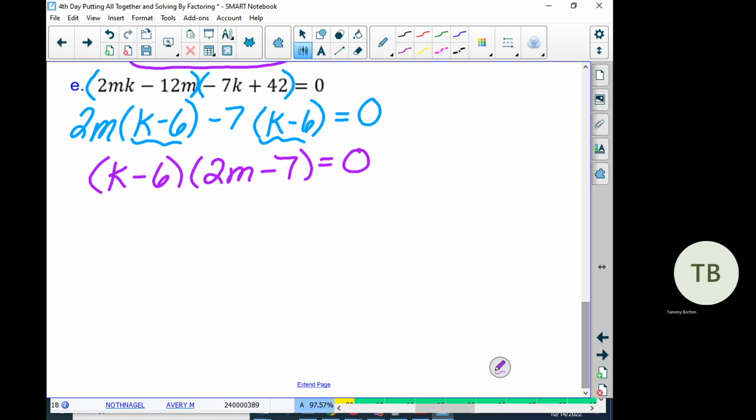Okay. Now in this one, you're going to get two different variables. So you do have to specify the two variables. So in this one, I have a K and their K is equal to 6. You guys get that? And then here I have an M. What would my M be? Can you tell?